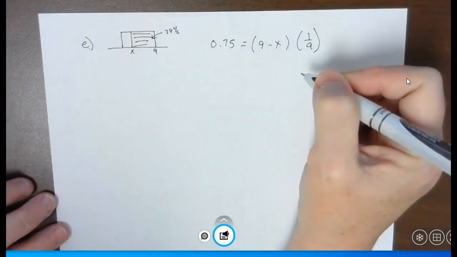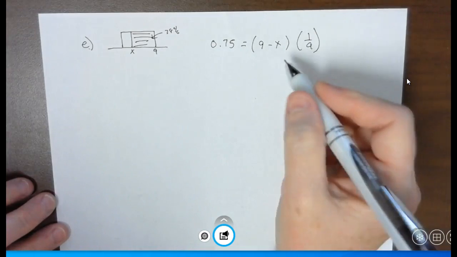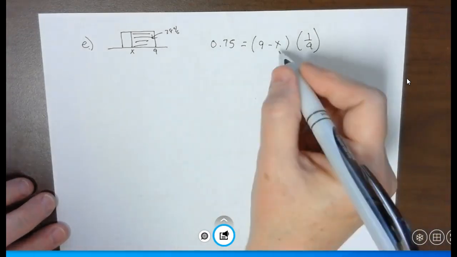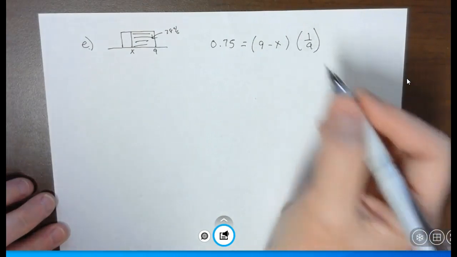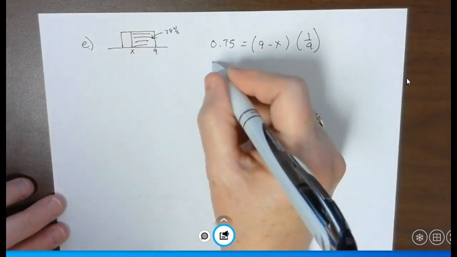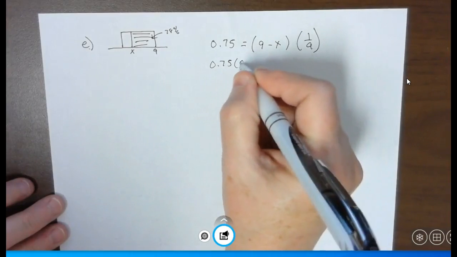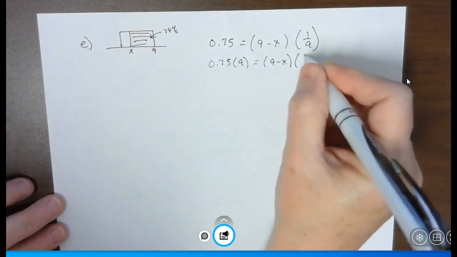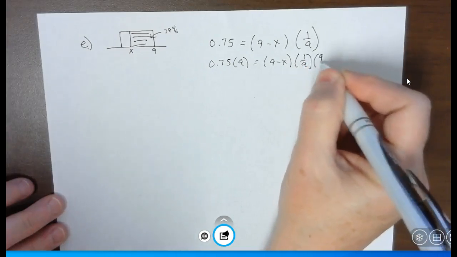Okay, so we have all the information we need. Again, here's the base or the length, and here's the height, and I need to solve for this x. So I'm going to multiply everything by 9. So 0.75 times 9 equals 9 minus x, 1 over 9 times 9.